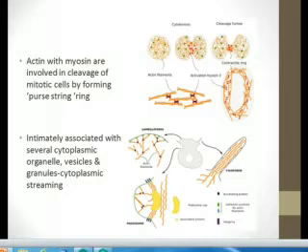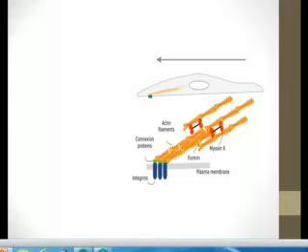So movement of the vesicles within the cytoplasm is another function performed by the actin filament. You can easily see over here the proteins, and along with those proteins the actin filaments, and these actin filaments are involved in focal adhesion.